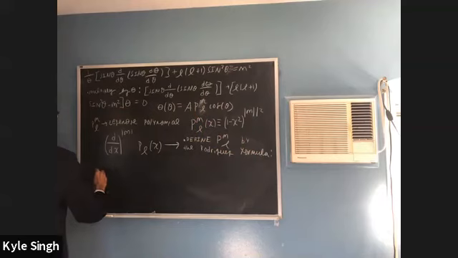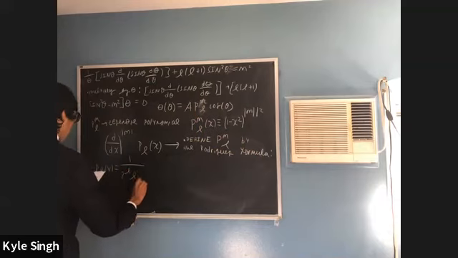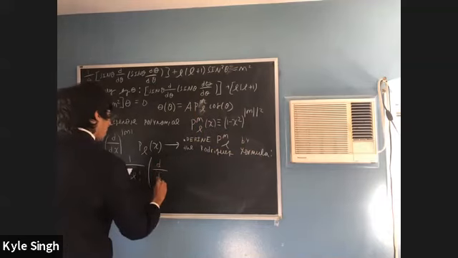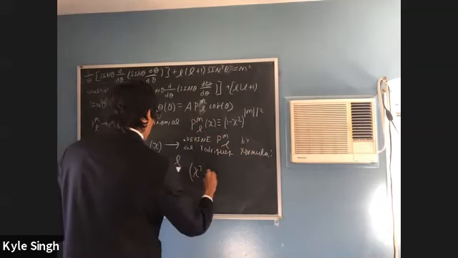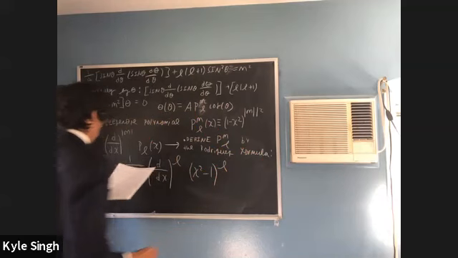So I define this thing P_L of x equal to 1 over 2 to the L times L factorial, d/dx to the L, (x squared minus 1) to the L.